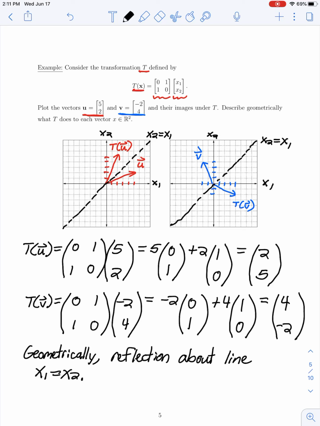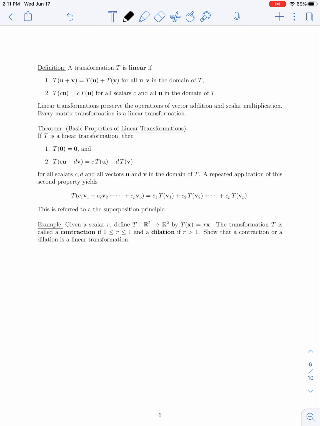Okay, so let's look at some other ones. In the next few examples we'll consider the geometric interpretation, and we'll see examples of what is called a linear transformation. So let's define what it means for a transformation to be linear. There's a two-part definition here. A transformation T is called a linear transformation if the following two properties hold.